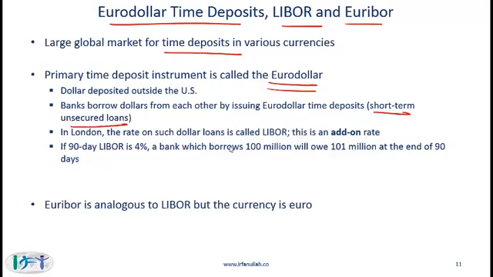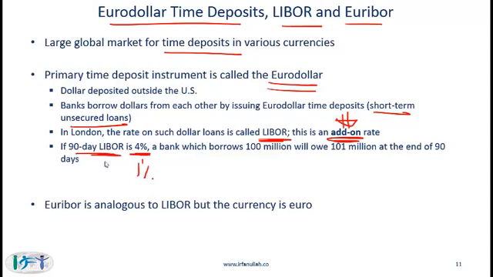These are essentially short-term unsecured loans. In London, the rate on such dollar loans is called the LIBOR or London Interbank Offer Rate, and this is an add-on rate, and you really need to understand what this means. When we talk about 90-day LIBOR and we say that 90-day LIBOR is 4%, this 4% is an annualized number, which means that if we de-annualize by multiplying this by 90 over 360, we get 1%.